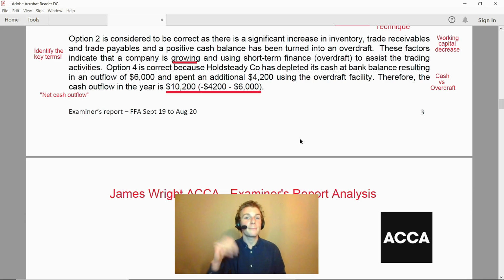We also had the balance that started off as positive 6,000. It went down to zero. That is another decrease as well. Hence the 10,200 as a result on there. Coming on to the point of the company growing, this is the case of trade receivables going up, inventory going up, trade payables going up, and the cash balances being used to actually function the business.